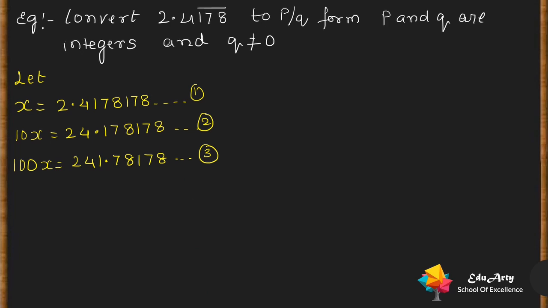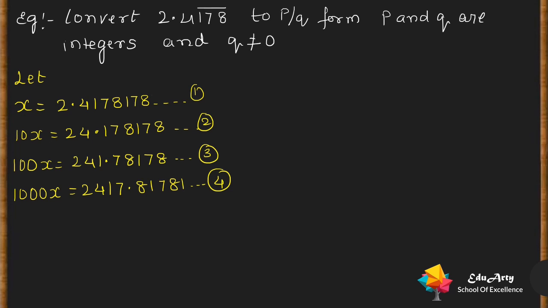It will be 1000x is equal to 2417.8178, like this, correct? So we can say this is our fourth.